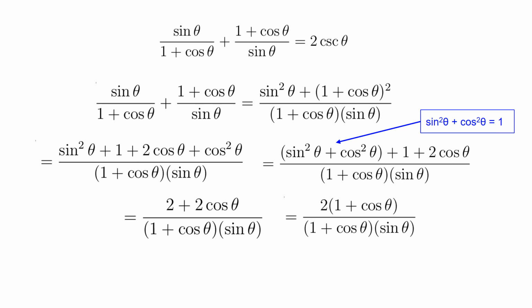We factor out the 2 in the numerator, and when we do, we see that both the numerator and the denominator contain the factors 1 plus cosine theta. We cancel out these factors, yielding 2 over sine theta, which equals 2 times cosecant theta. And we've shown that the original equation is an identity.